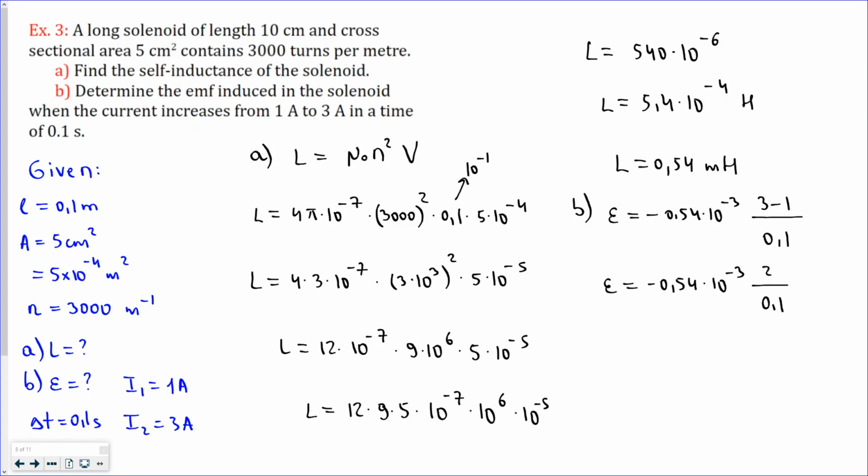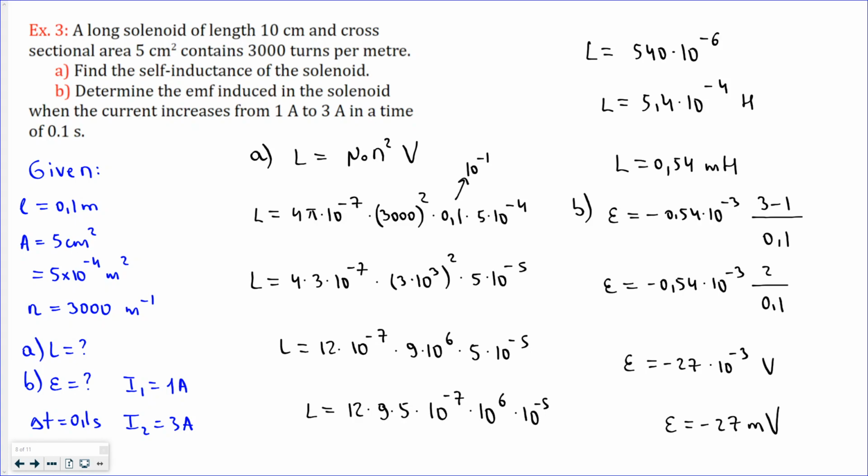So 2 over 0.1 is 20. And if we multiply all this, we get minus 27 times 10 to the minus 3 volts. So minus 27 millivolts.